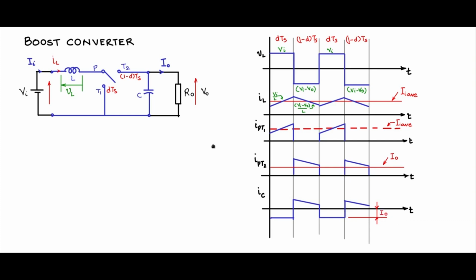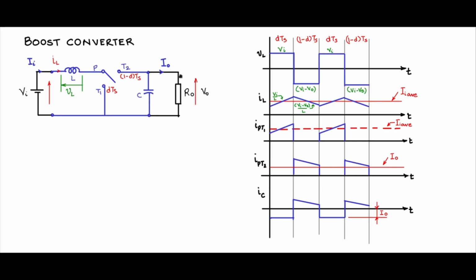So these are the various waveforms that we see for the boost converter. And using these waveforms, let us find the input-output relationship and the values of the inductor, capacitance, and what goes on to form the single pole double throw switch.